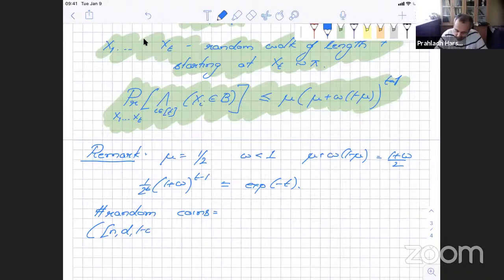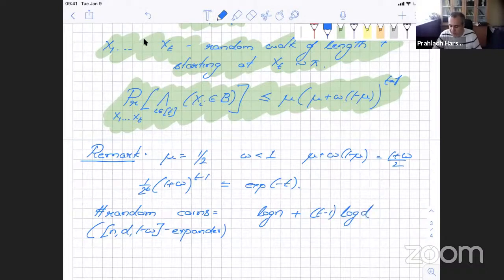I'm not going to write it for an arbitrary random walk. In this case, the first vertex costs log n. You have to expend log n bits to pick the first vertex. Then you spend t minus 1 times log d, because you have to take a random step. This is something like log n plus order t.